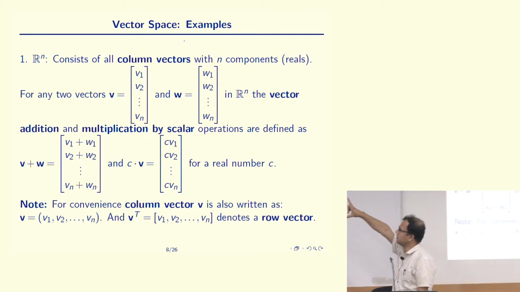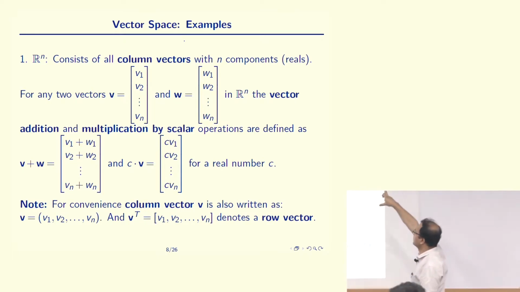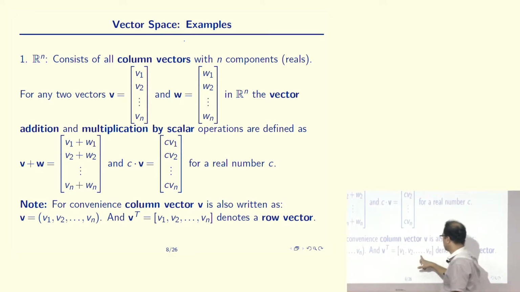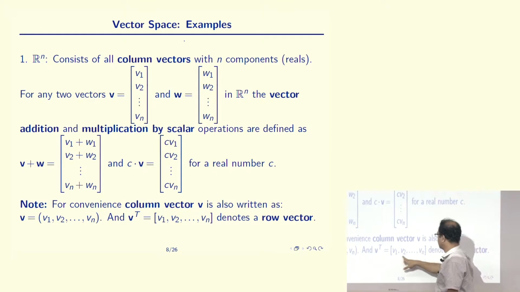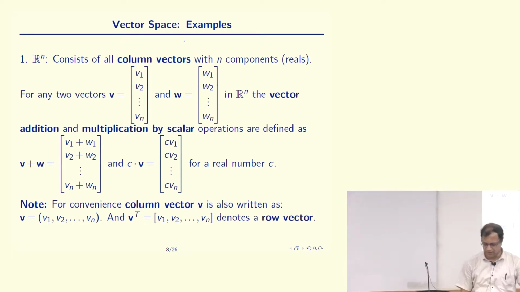Any vector from Rn will be called a column vector, and that will be denoted by either this notation or that notation. The corresponding row vectors will be denoted by this notation. This is the notation convention I'll be using for the rest of the lectures.